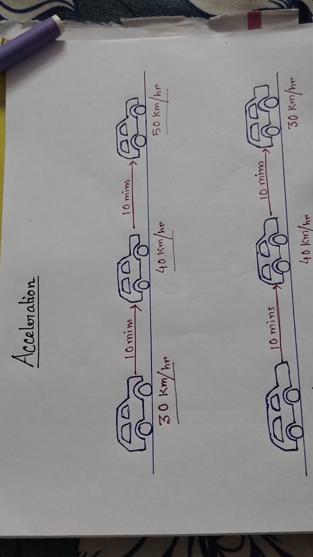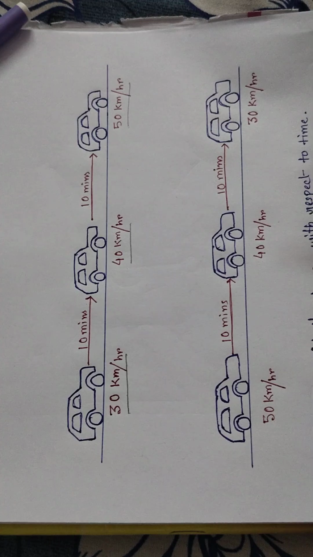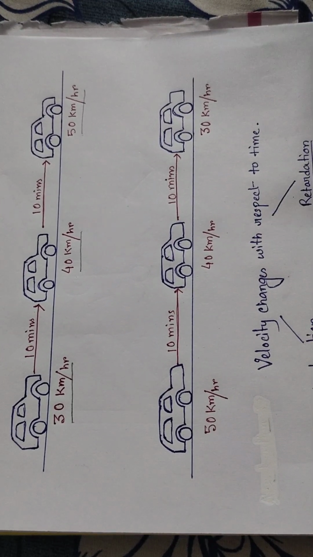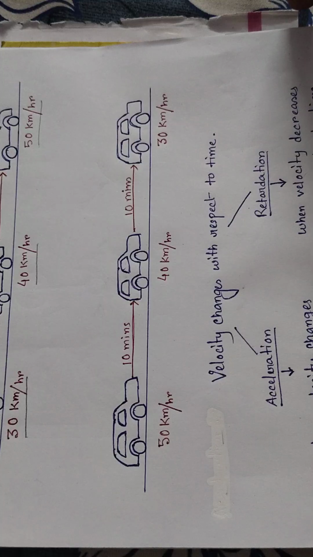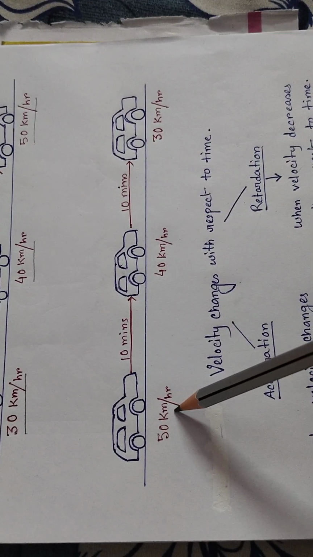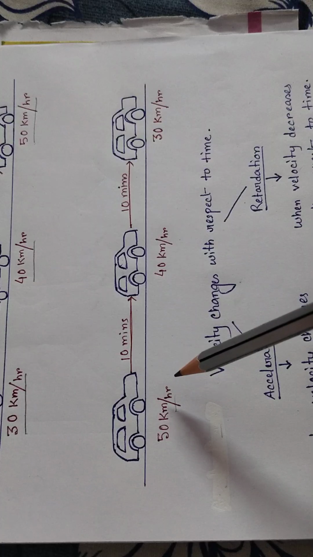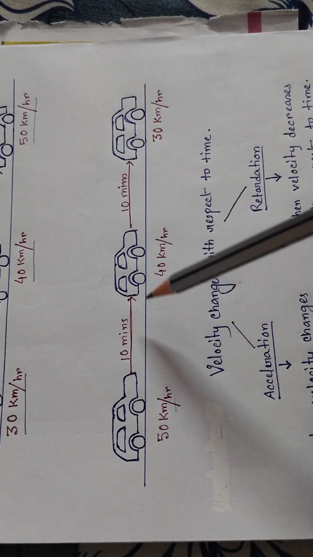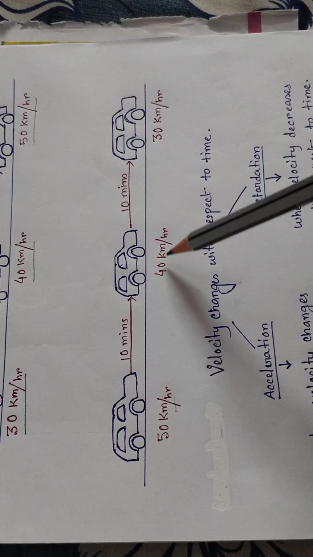Now, suppose you are driving a car and suddenly for some reason you need to apply the brake. Suppose the speed was 50 km per hour. When you apply the brake, at every 10 minutes interval the speed of the car decreases by 10 km.